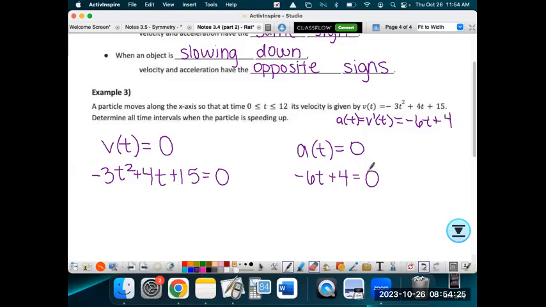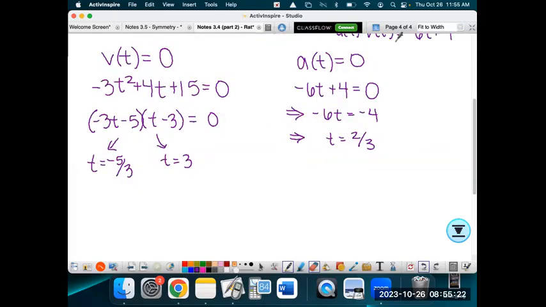Using movie magic, I'm going to have the answers appear in 3, 2, 1. Now, because the negative 5/3 is out of our time range, that is not going to be one of the times that we use. It's kind of like an extraneous time. So it looks like velocity is 0 at time 3 and acceleration is 0 at 2/3.